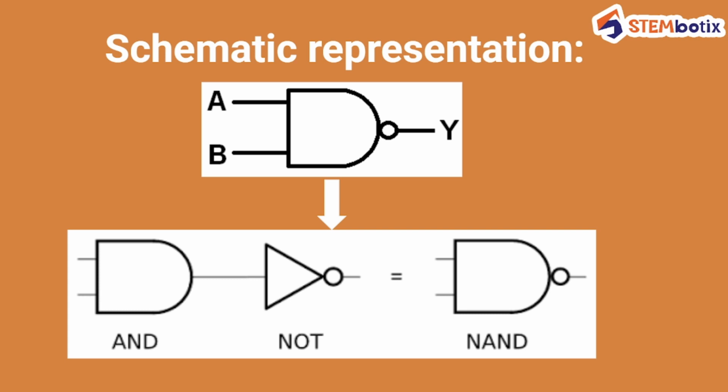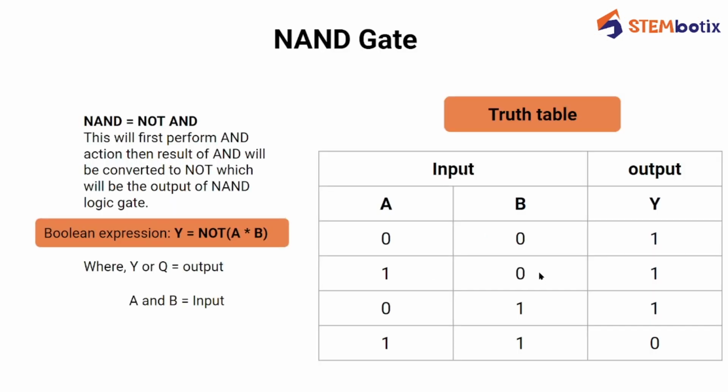In NAND gate, you will have two or more than two inputs. So these are two inputs, A and B, and performing AND and NOT operation, you will get the output of your NAND gate. Means this is AND, this is NOT. Combining both of them will give you NAND gate. So let's see its truth table.